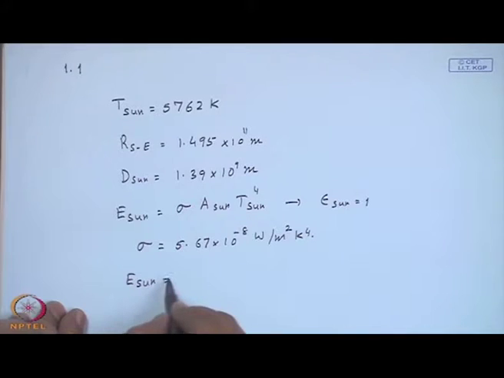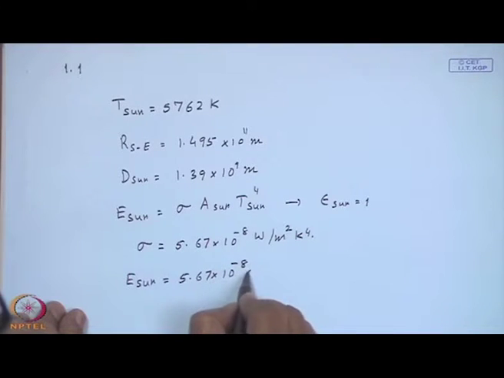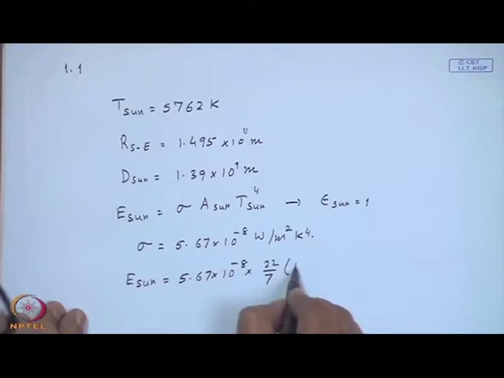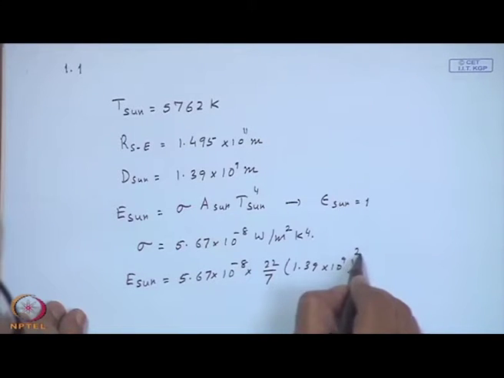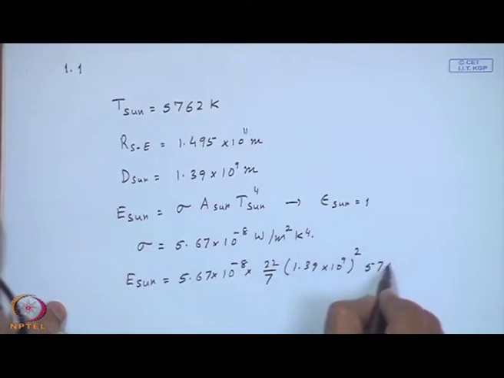So, E sun is 5.67 times 10 to the power minus 8 into 22 by 7, that is pi, times 1.39 into 10 to the power 9 whole squared, that is pi d squared, into 5762 to the power 4.